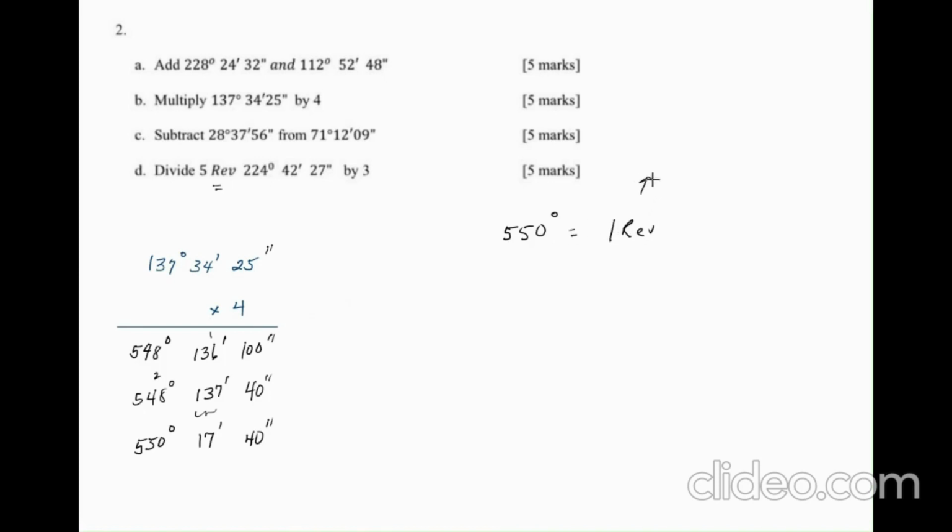Remember, a revolution is 360 degrees. One revolution plus 190 degrees. And so this then becomes, let me put it underneath here. One revolution, 190 degrees, 17 minutes, 40 seconds.